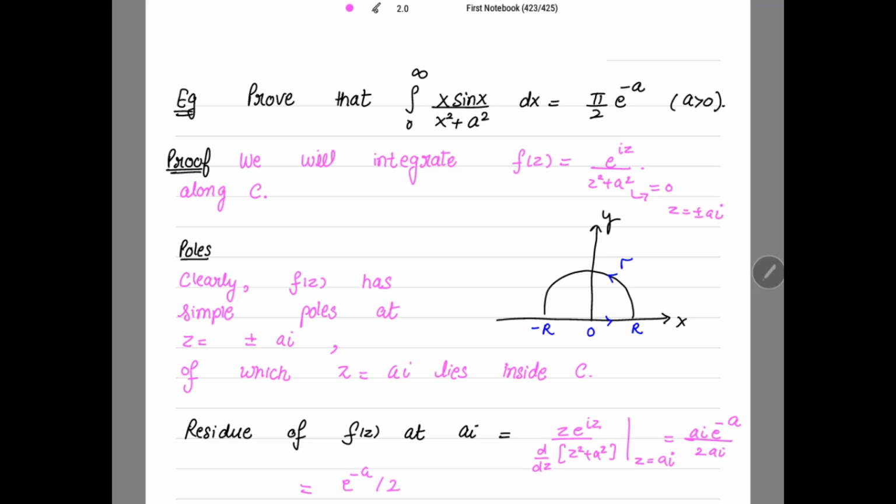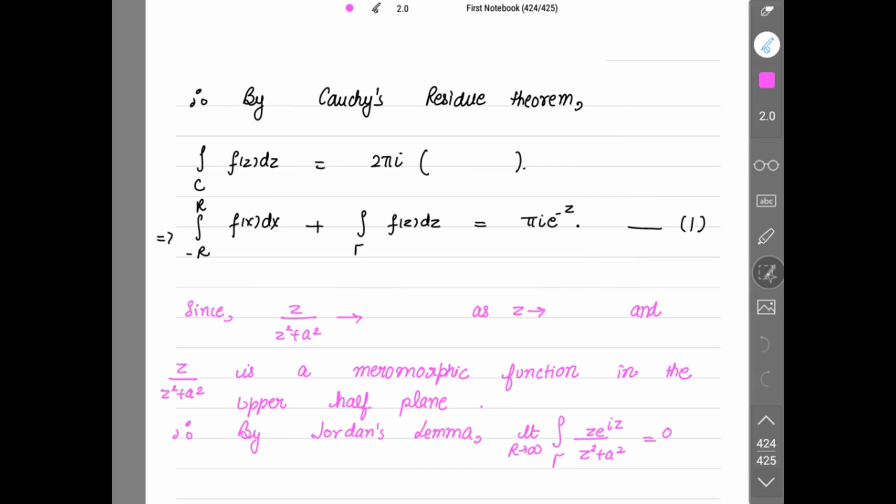Now using the Cauchy residue theorem, the integration over C of f(z) dz is equal to 2 pi iota times the sum of the residues. Here I have only one residue, e to the power negative a by 2. Now splitting this contour C into two, along the real axis and along the semicircle, let me mark this as equation 1.